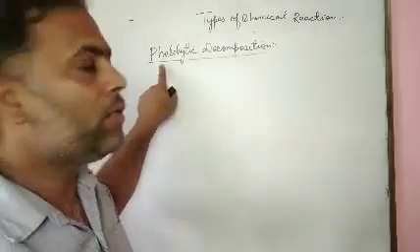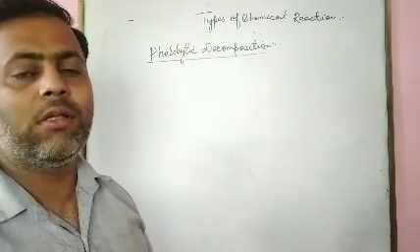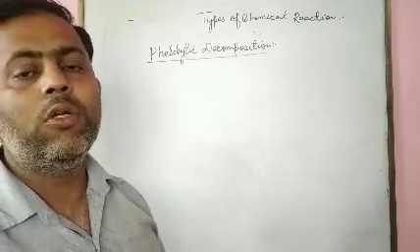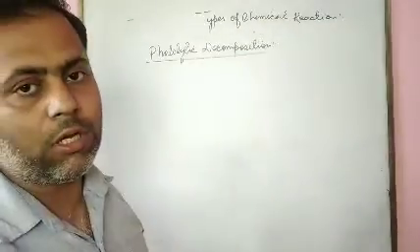As the name indicates, photo means light and lytic means decomposition. It means when sunlight is used as energy to carry out the decomposition process, it is a type of photolytic decomposition reaction.